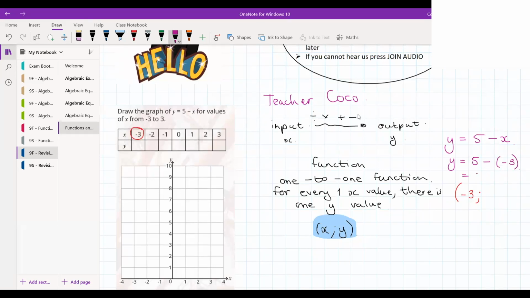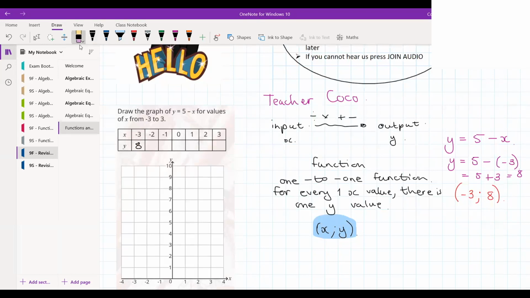And I know that's the same as 5. A negative and a negative will give us a positive. Well done, Karabo. 5 plus 3, which is equal to 8. So my first set of coordinates will be that when X is -3, Y is positive 8. All right. That's for the first one. So when X is -3, Y is 8.